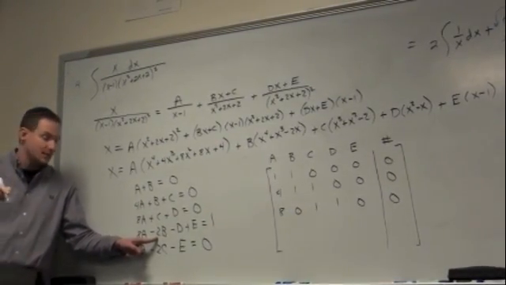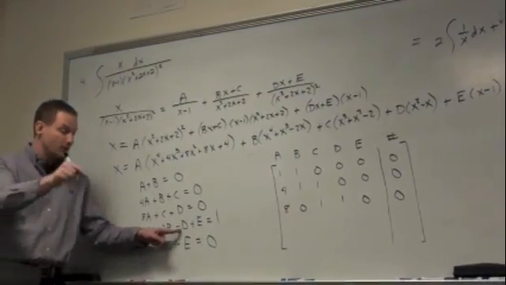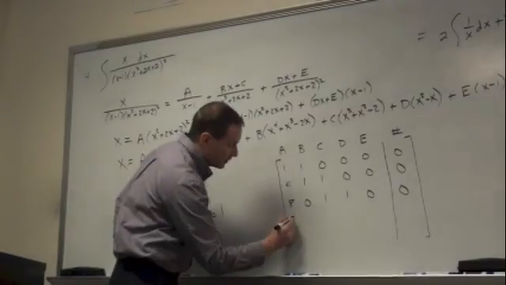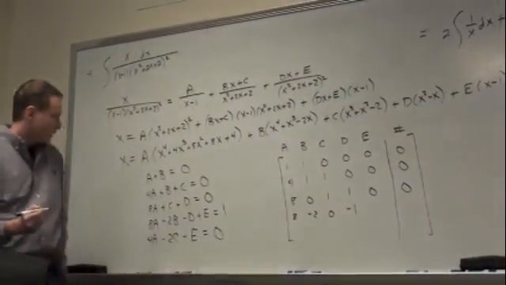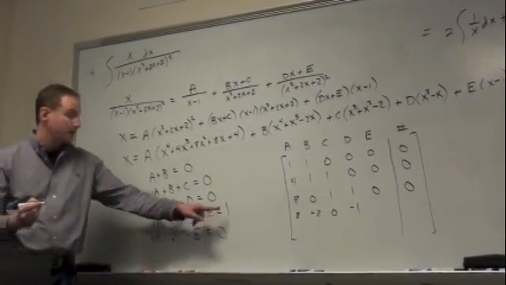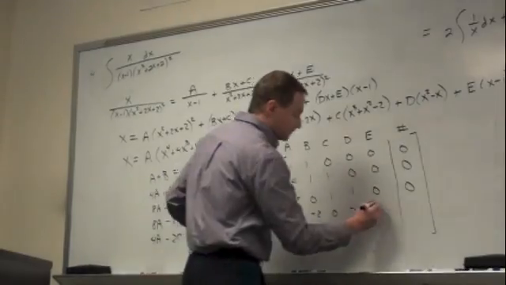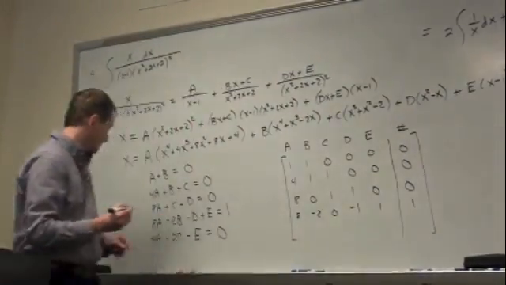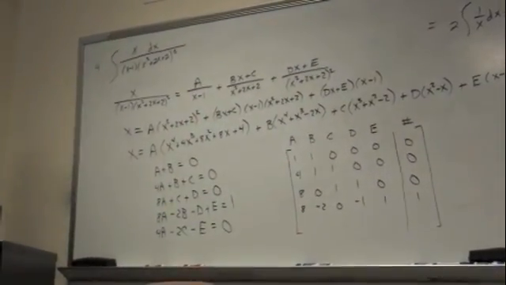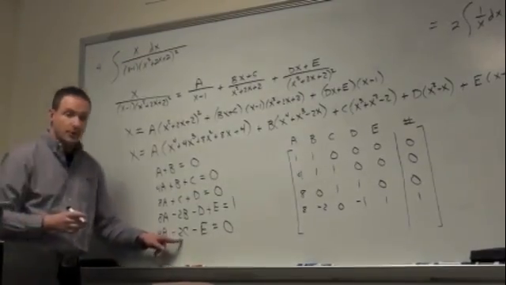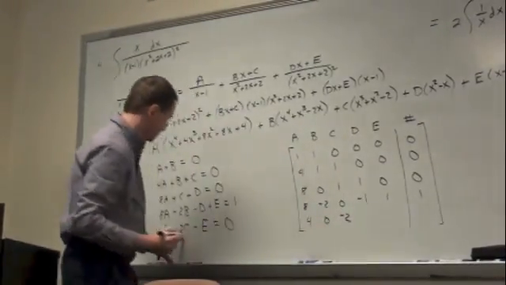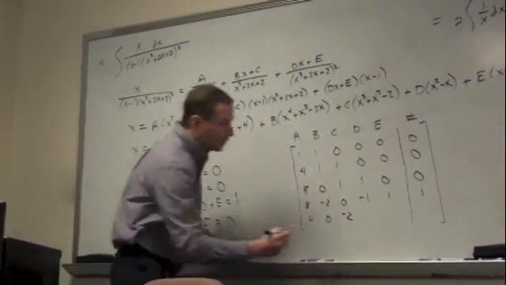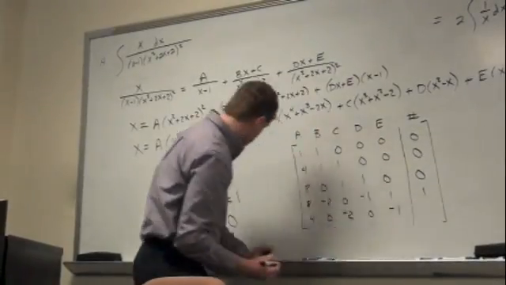There is no C, so 8, negative 2, 0, negative 1, 1 and then 1. And then my last row, 4, 0, negative 2, 0, negative 1. And 0.